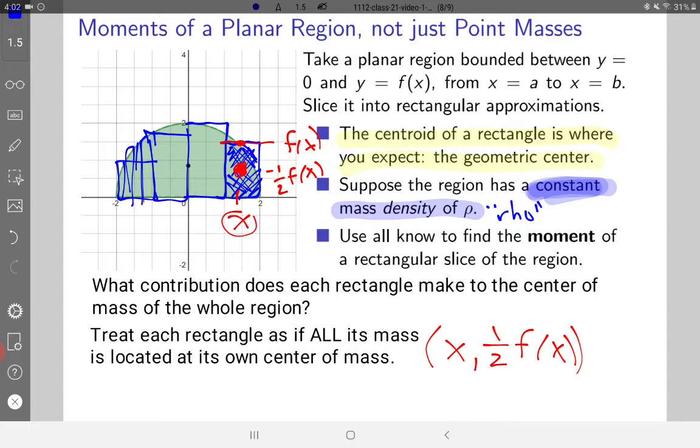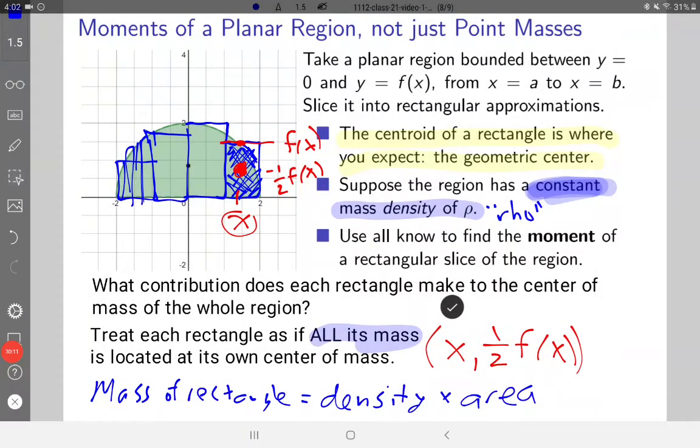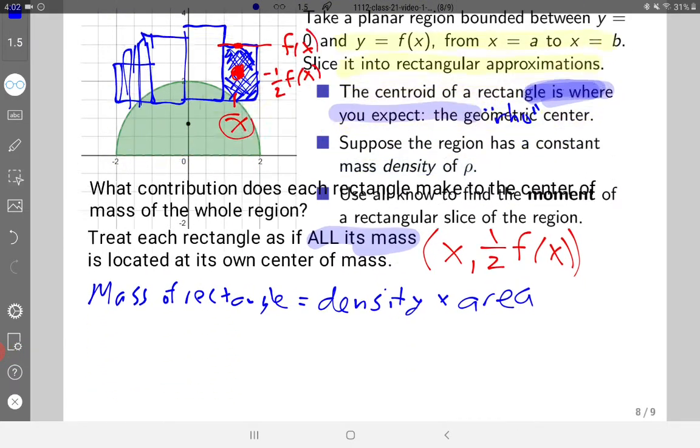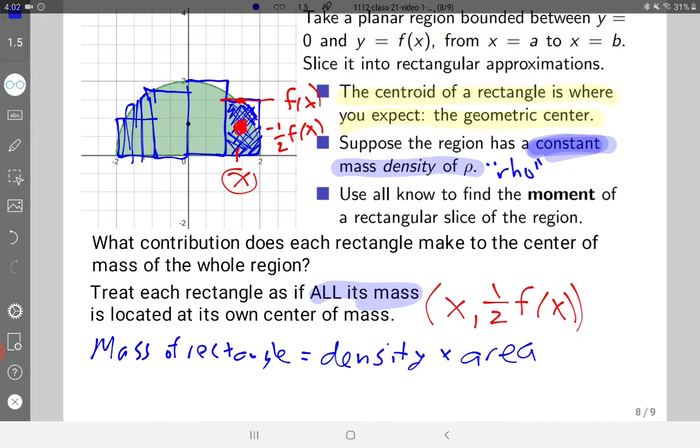So when I say let's treat each rectangle as if all its mass is located at its own center of mass, well, I can actually write down what the mass of the rectangle is. In general, the mass of something is its density times its area, as long as that density is constant, like it is for the assumption that we're making here.